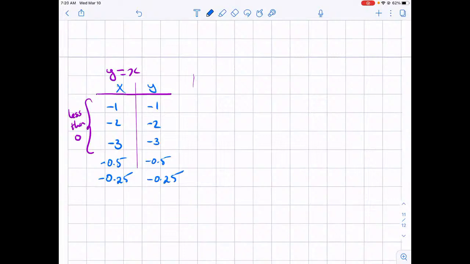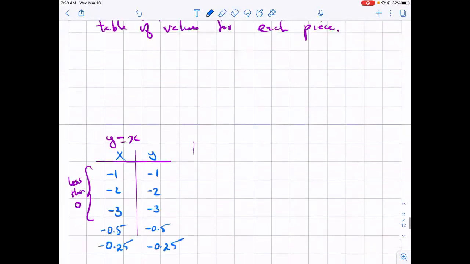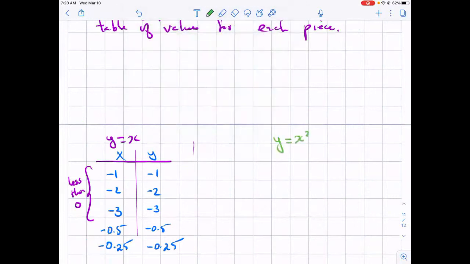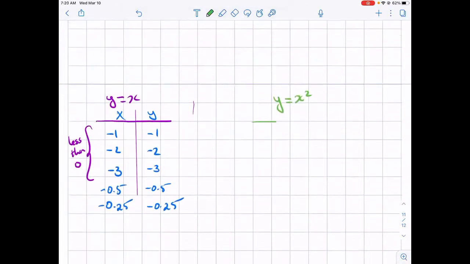And then for the other function, y equals x squared, when you create your table of values for this graph, these values will be greater than or equal to 0.